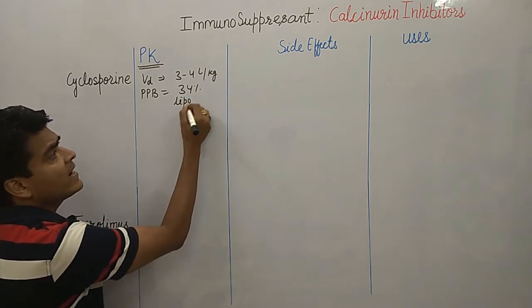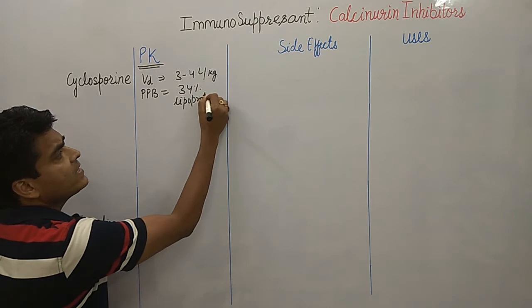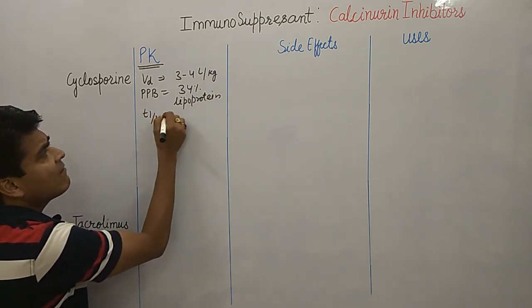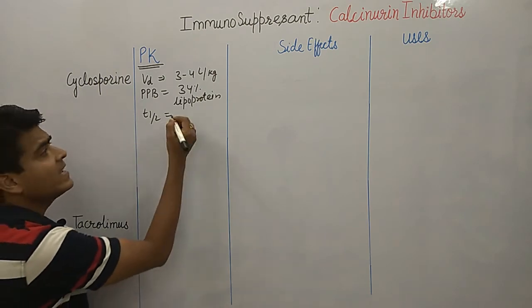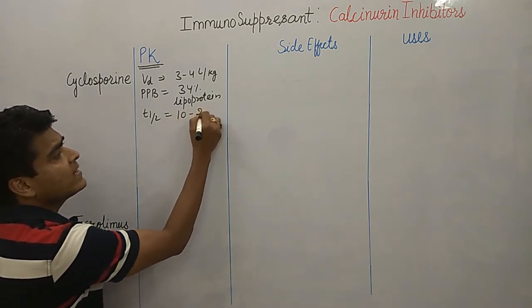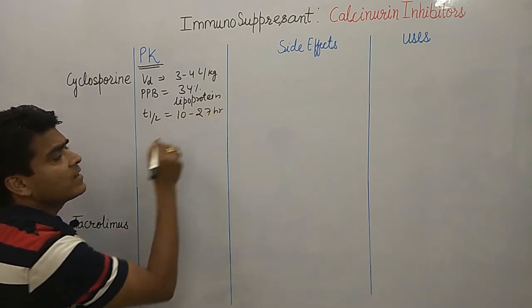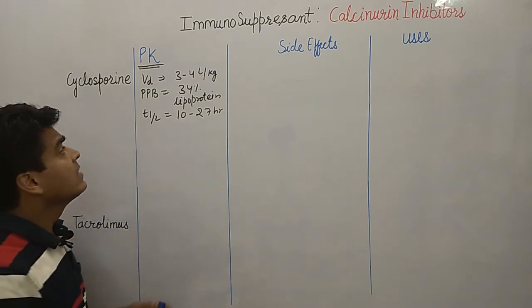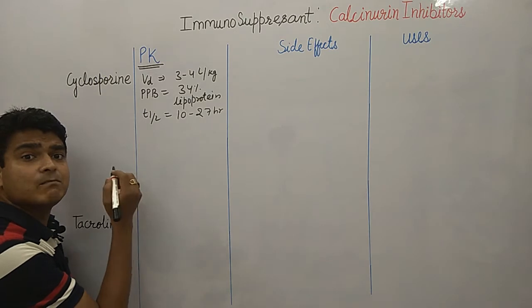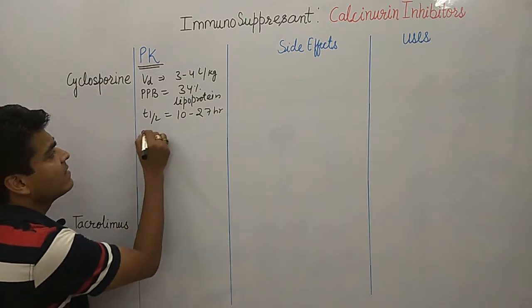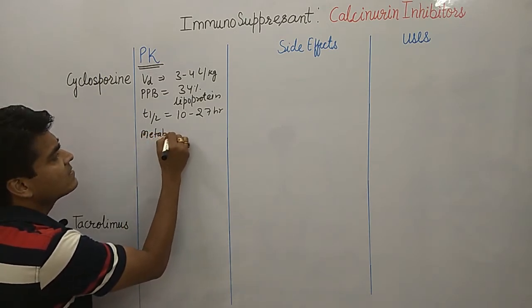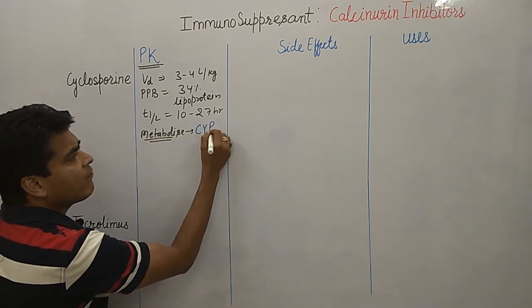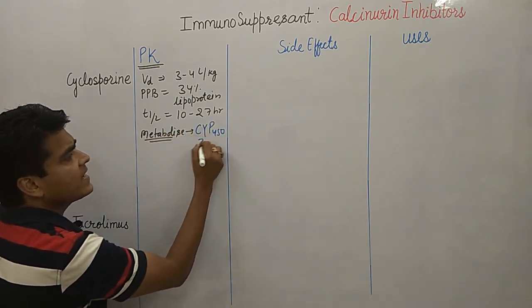The half-life of cyclosporin is 10 to 27 hours, in between this range. Now the drug is metabolized by cytochrome P450 3A4.